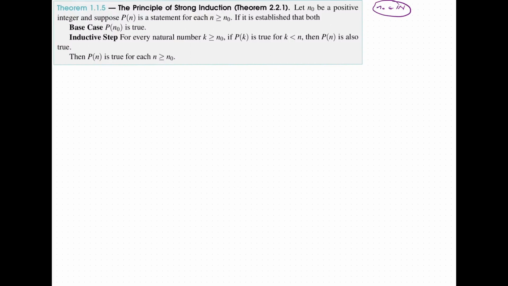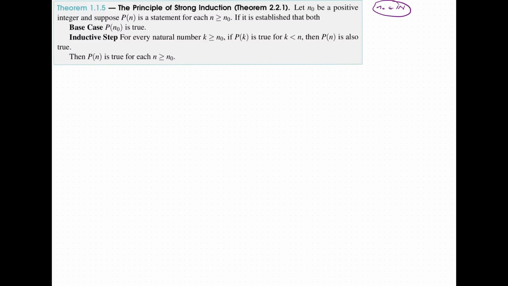If we know that the base case is true, that is, P of n naught is true, and the inductive step, that for every natural number k greater than or equal to n naught, if P of k is true for k less than n, then P of n is also true, then we can conclude that the statement P of n is true for every n greater than or equal to n naught.